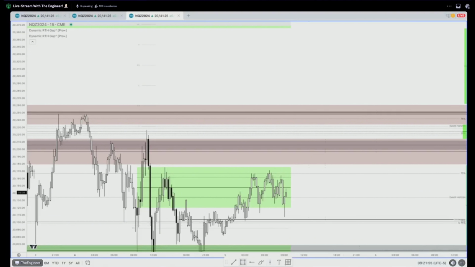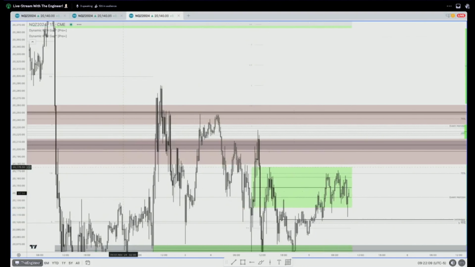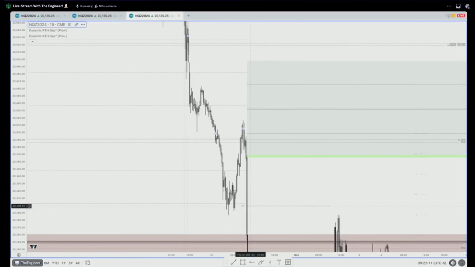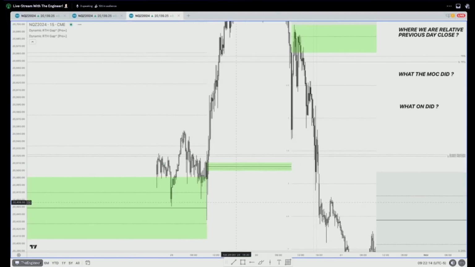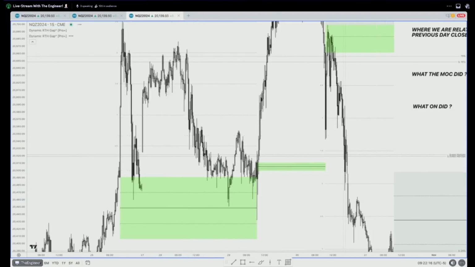So basically, the market is going to be opening inside of the Monday gap. For my experience, I don't like these kinds of profiles. Let's move on to the previous price action.